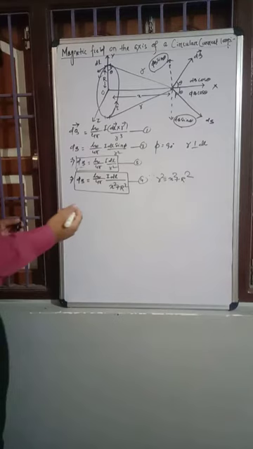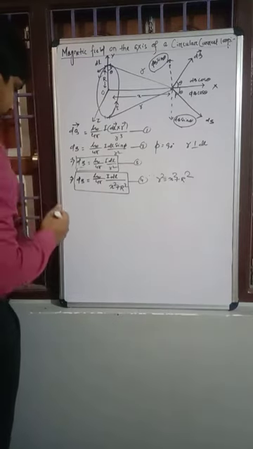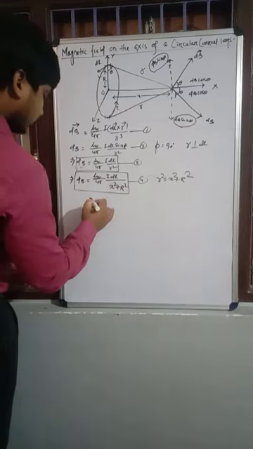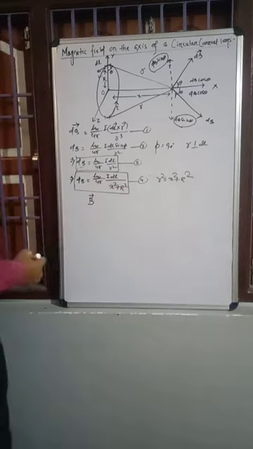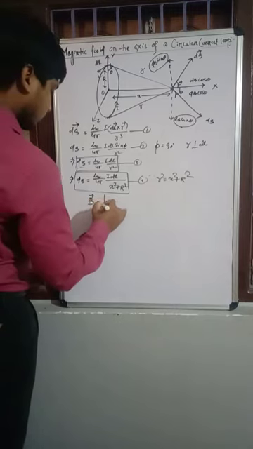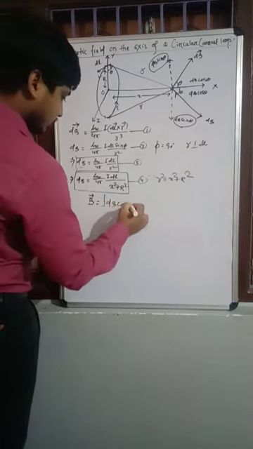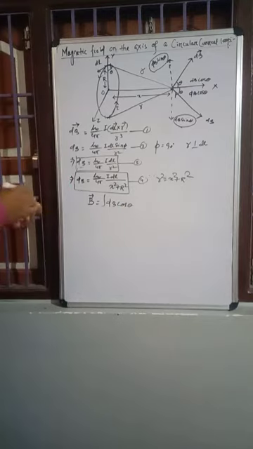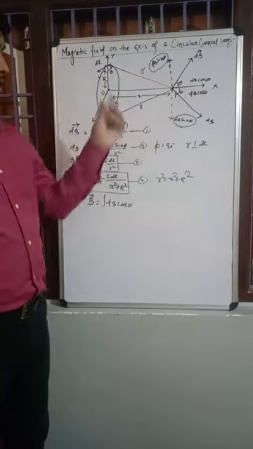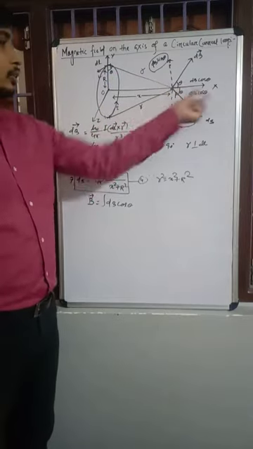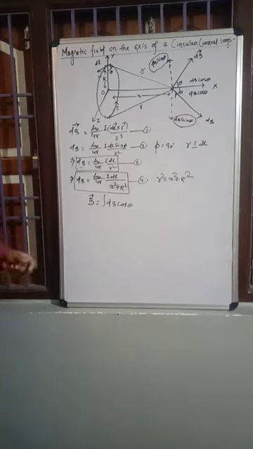So I can say that, or you can also integrate, our B vector will be equal to the integration over dB cos theta. You have to integrate all the dB cos theta, or you can also say that you have to add all the dB cos theta terms, then you will get the net magnetic field.